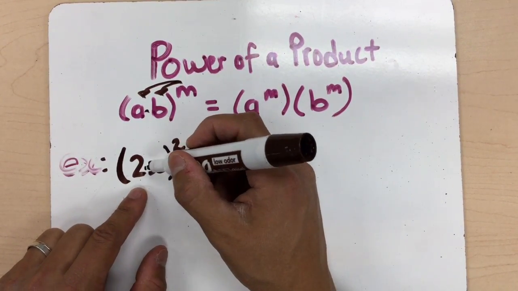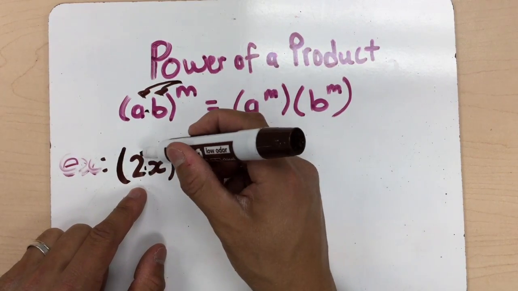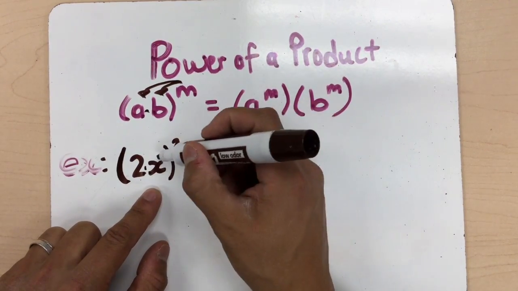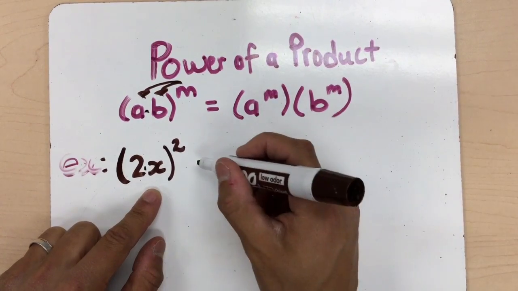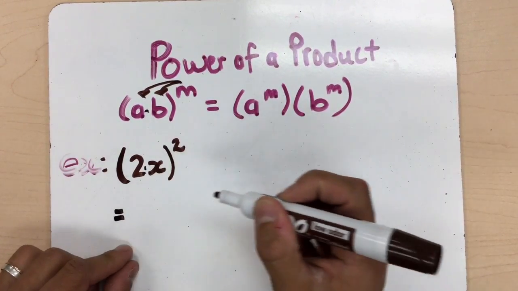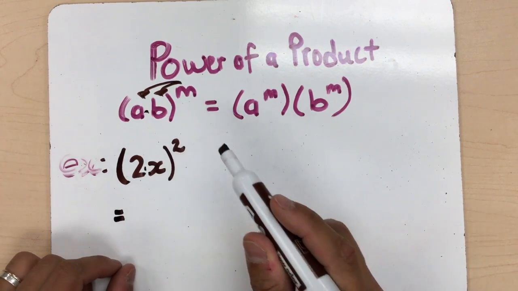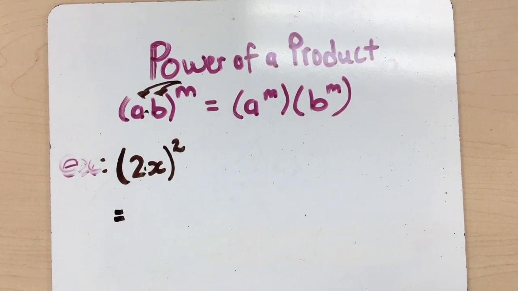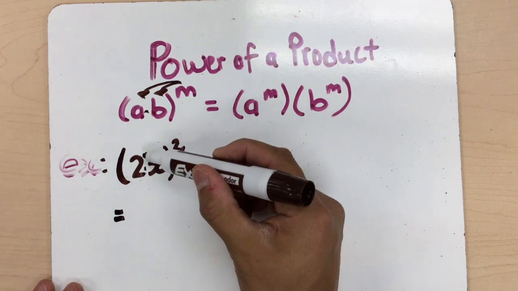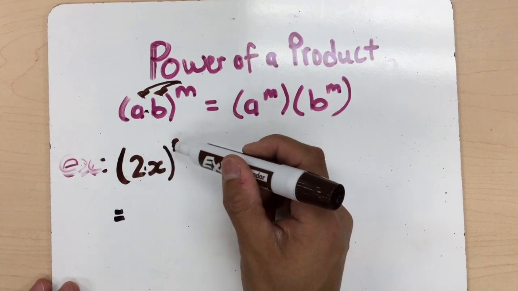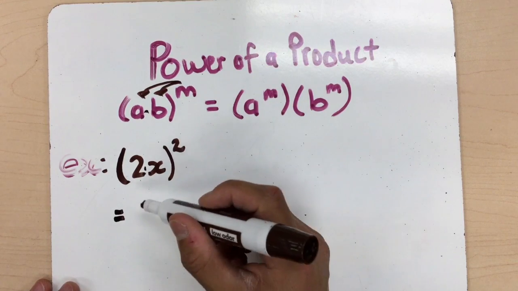So if I just have a value of 2, this is actually 2 to the power of 1. And x is x to the power of 1. The reason this is helpful is this could help me remember that when I'm multiplying, just like I would do in my power of power law, when I'm multiplying my exponents, that gives me something to multiply this 2 by.